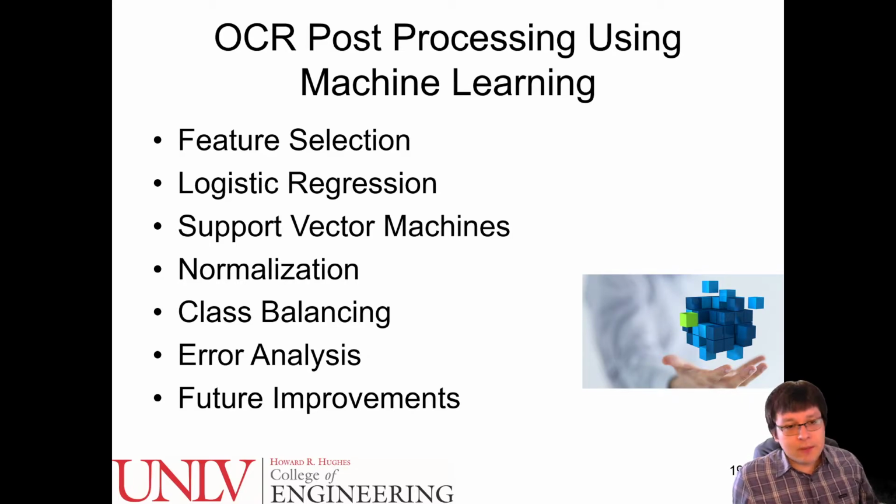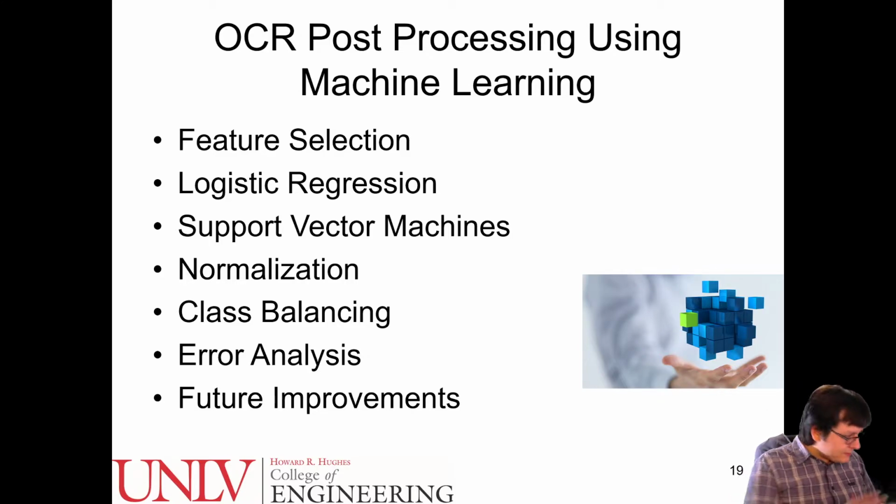Then we threw in SVMs, which is going to be the main focus. Then I'm going to briefly talk about things to improve the results from the SVM, which are normalizing your data sets and balancing classes, pretty standard things you can do to improve your output. After that, I think we'll be pretty much out of time. If we have a little time, we can discuss some of the errors that I ran into.